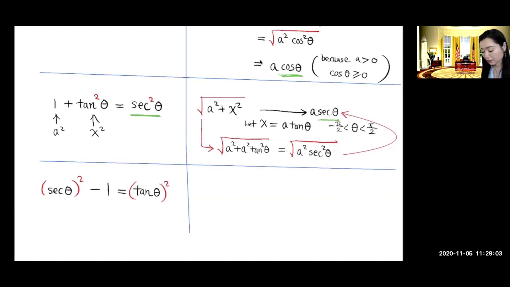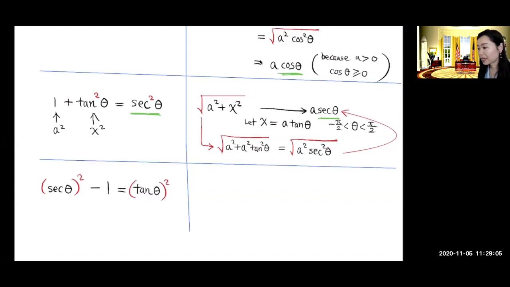Now, if I put it this way, then I'm going to ask you guys, how am I going to deal with this when the integral is of this form, x squared minus a squared? I'm going to use trig-sub, okay. So what am I going to let x be over here?